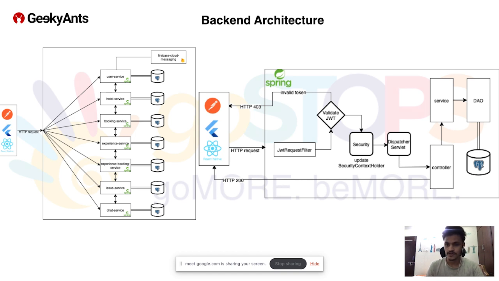From the controller layer, we go to the service layer, which holds all the business logic related to our app. From there, we go to the DAO layer, which is connected to the database, and all the database operations are done at that layer only. This style of architecture is called layered architecture, and that's all about the backend architecture.